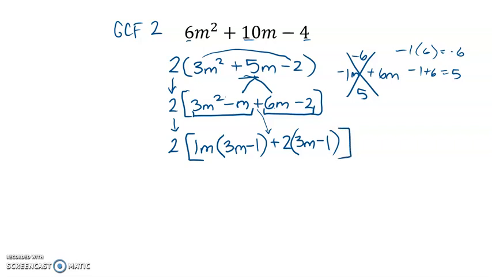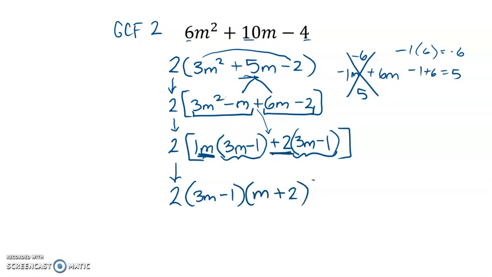Hang with me. That 2 out front just stays outside. It's not doing anything else. They both inside have 3m minus 1. And then what's left is my other factor, m plus 2. That would be our factored form.